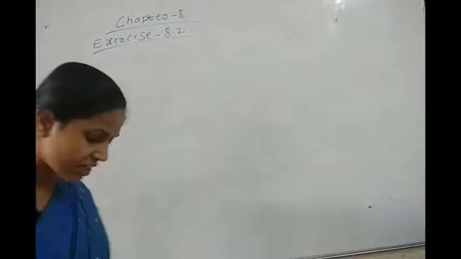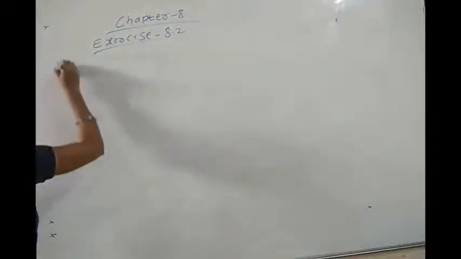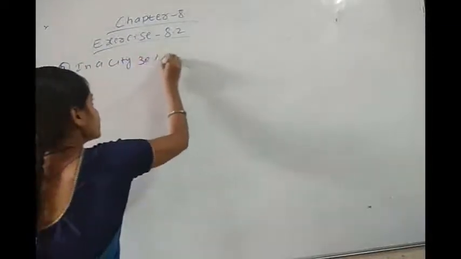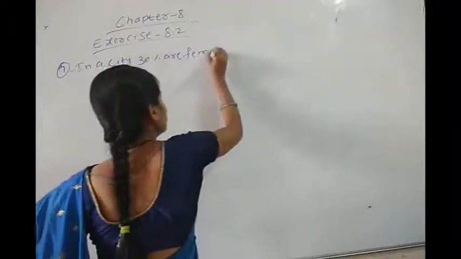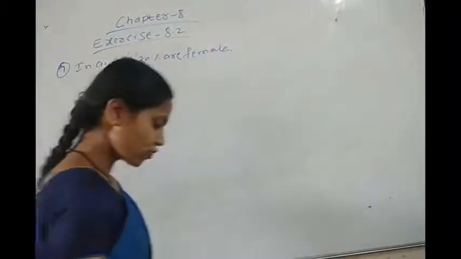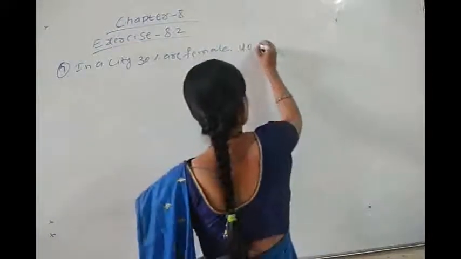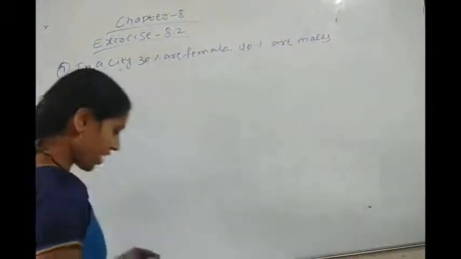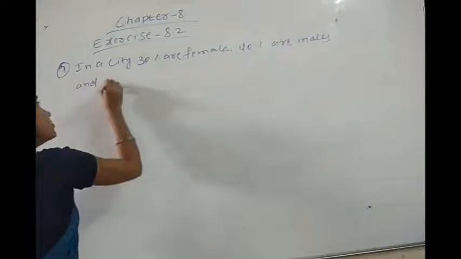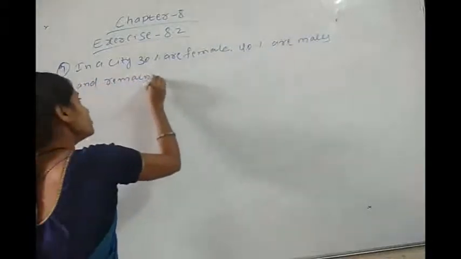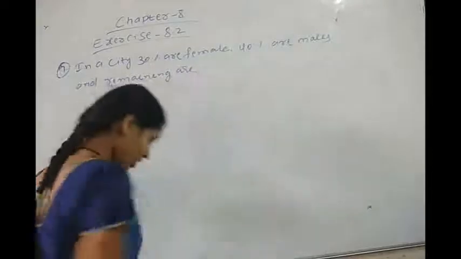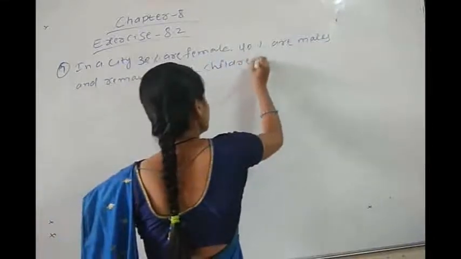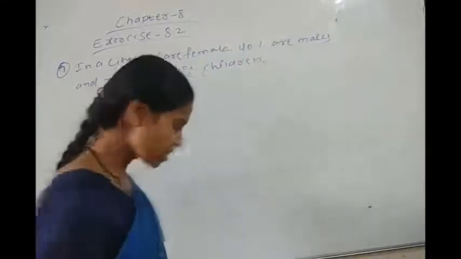In a city, 30% are females, 40% are males, and the remaining are children.